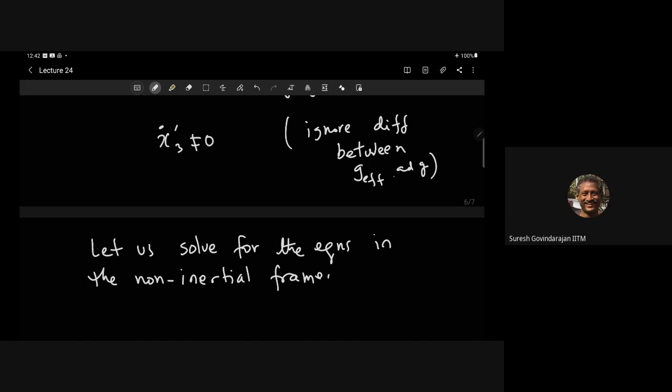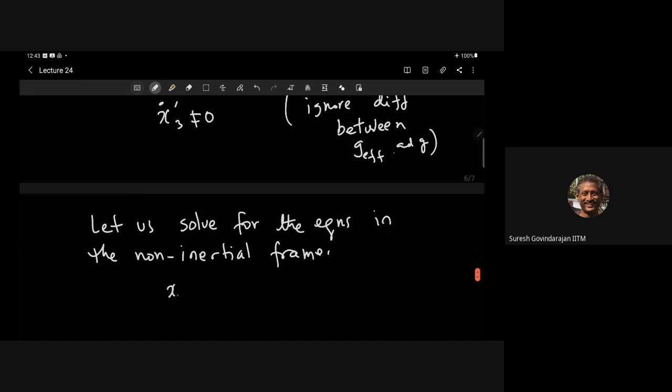Okay. So let us do the computation. We want to compute, and so we'll just say that x3 dot prime is not 0. So that's all I need to compute.